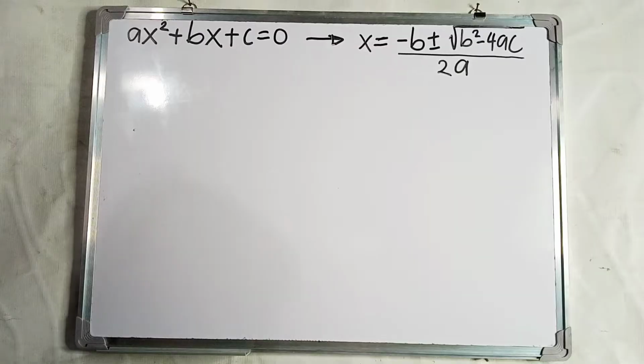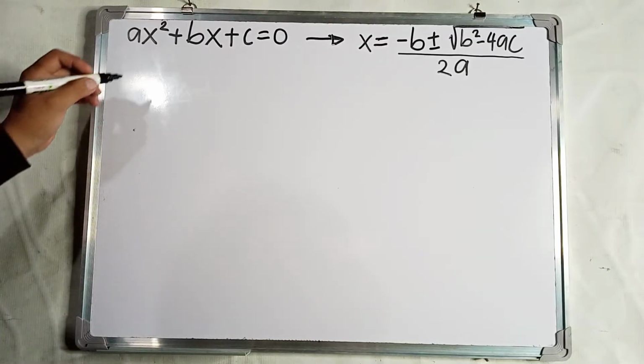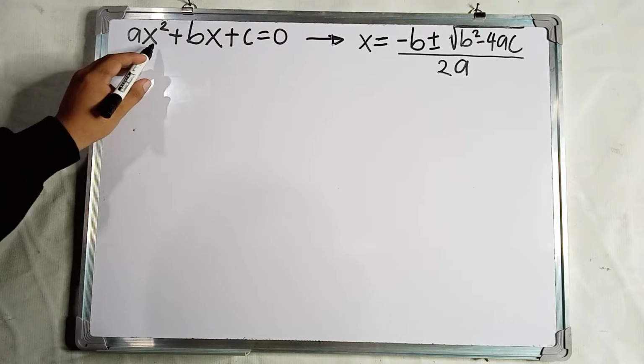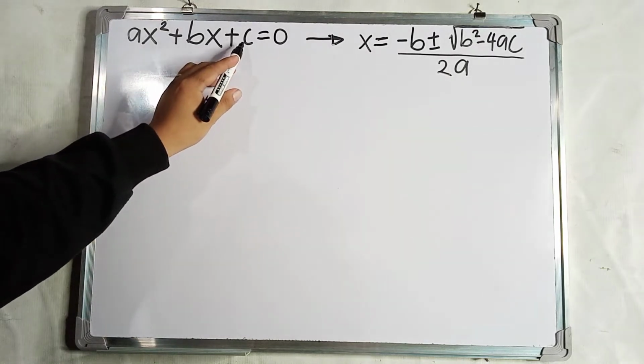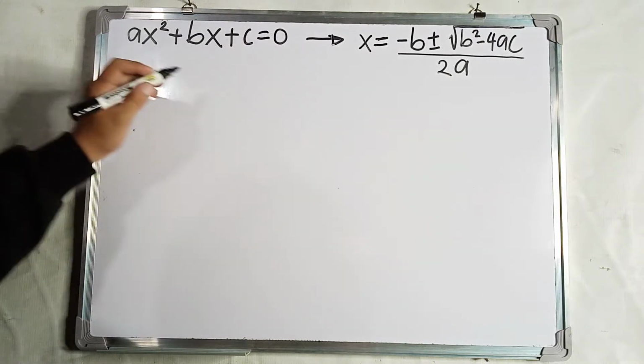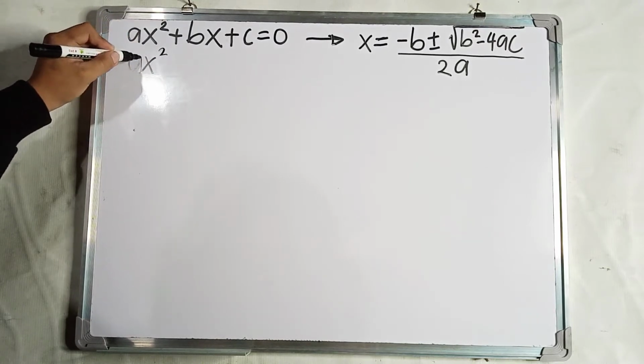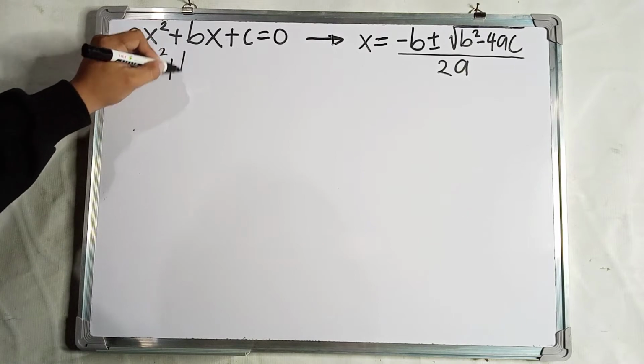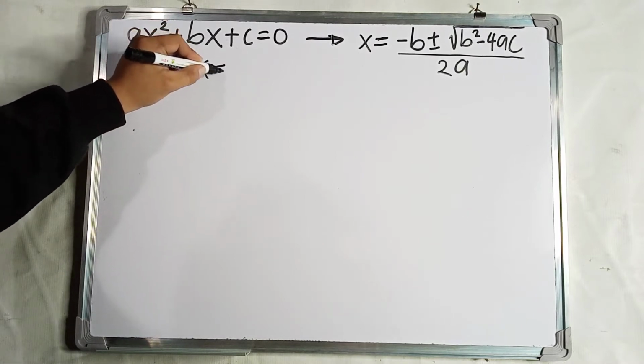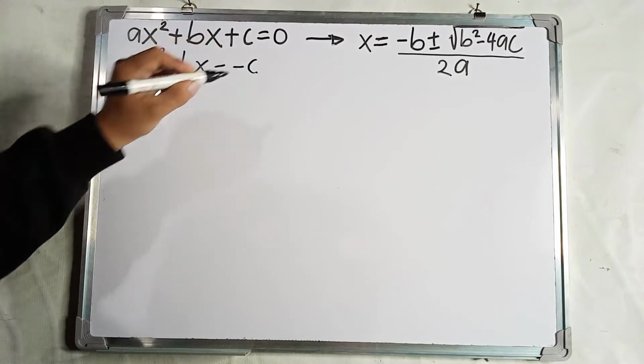So first of all guys, we are going to rewrite this equation, then transfer this c to the other side. So this will become ax squared plus bx is equal to negative c.